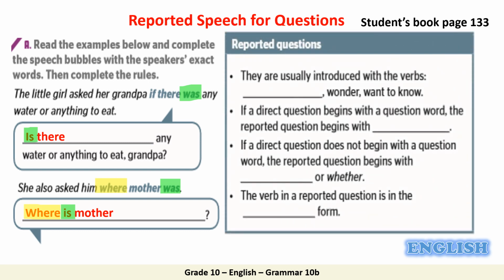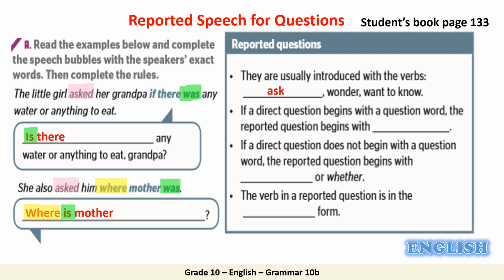Now let's try to fill in the following rules. The reported questions are usually introduced with the verbs wonder, want to know. What is the other verb we can use? Good, we have ask, as in the examples.